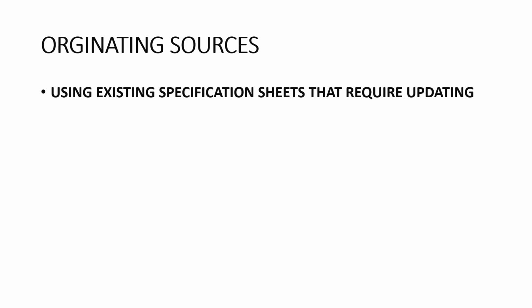So it is part and parcel of a new order. So it is also one of the ways by which a new specification sheet is created, by updating the existing one. So this is also one of the ways by which the specification sheet can be created.